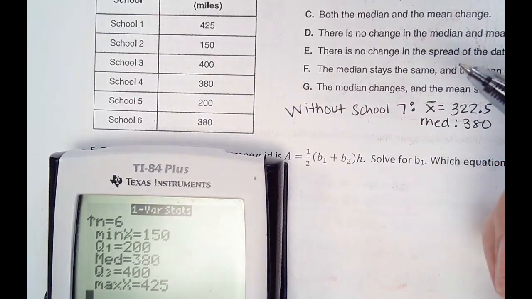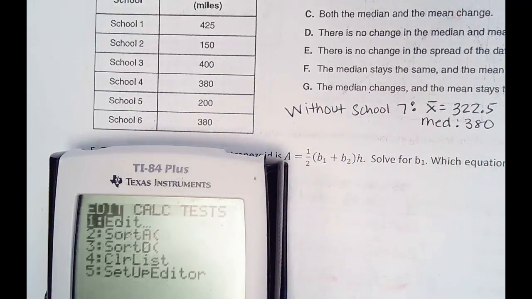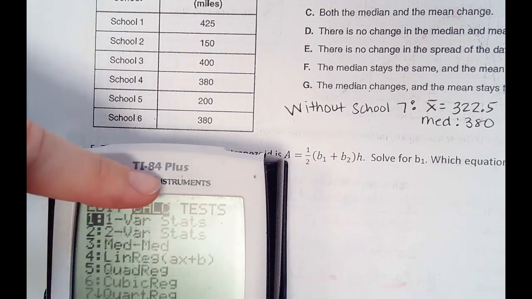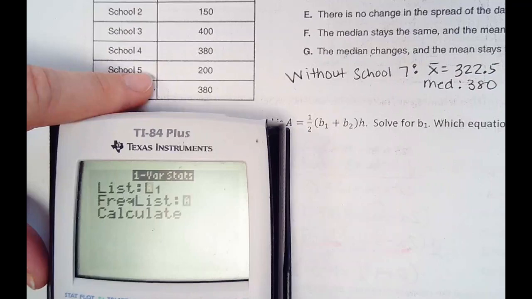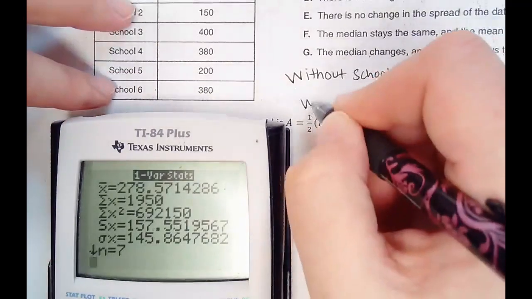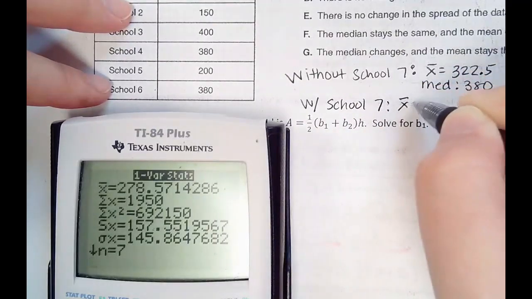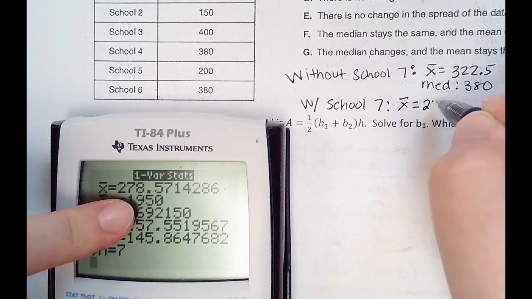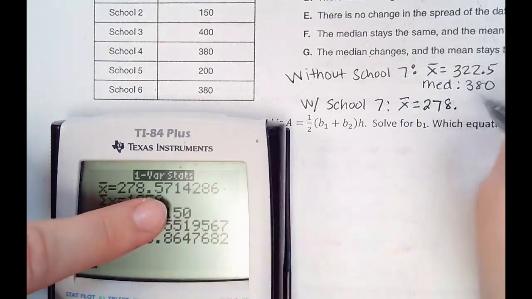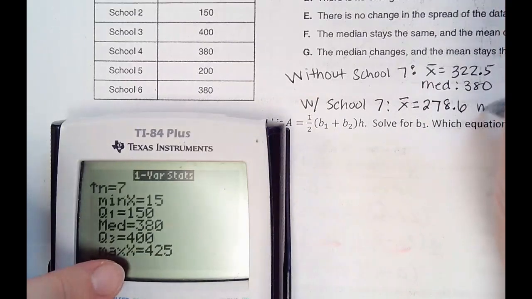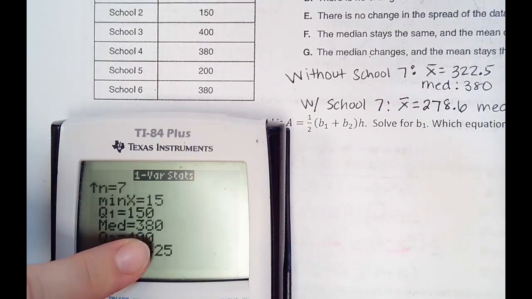Okay, so now let's see what happens with School 7. So press Stat, Enter. All we have to do is at the bottom add in School 7. So they traveled 15 miles. Enter. Stat, arrow over to Calculate. Enter, enter, enter, enter. With School 7, our X bar, or our mean, is 278.6. Our median equals 380.